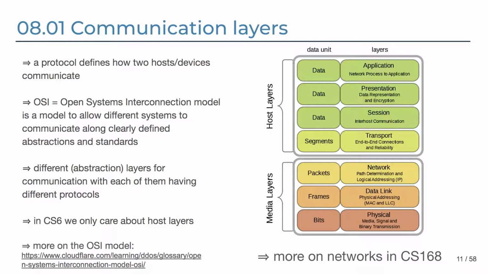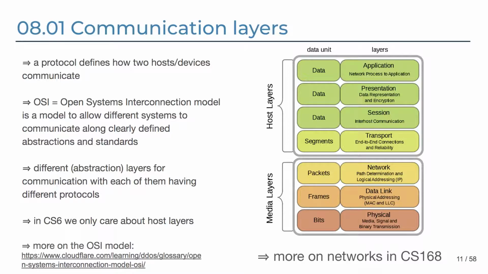Still, it helps you understand what kind of layers are working, and when you write your own software, you want to reuse layers that other people were using. So it helps to understand where an application or technology sits in the whole stack over the network. That's why I mentioned it here.